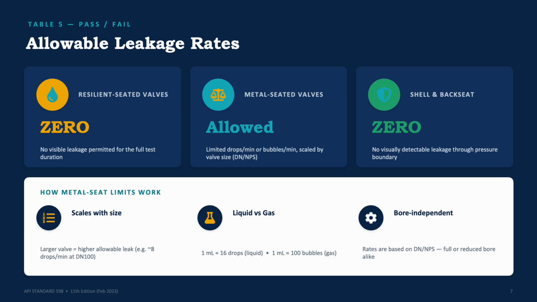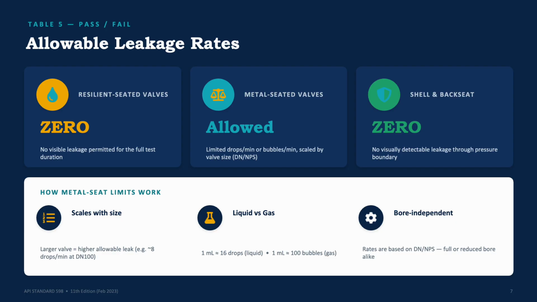Shell and backseat is also 0; there is no leakage allowed, no visibly detectable leakage through the pressure boundary. How does the metal seat limit work? It scales with the size: larger valve, higher allowable leak, approximately 8 drops per minute at 4 inch.